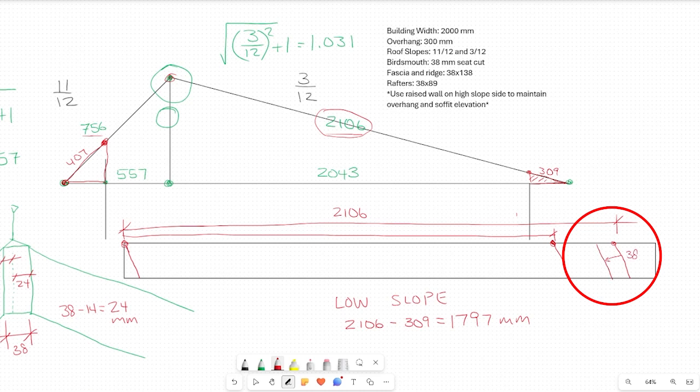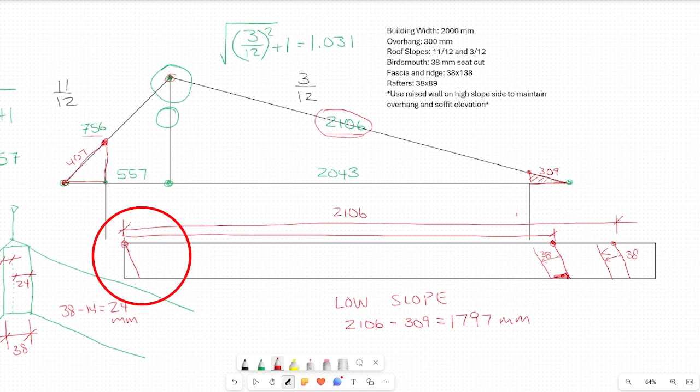Draw a line, and this is all at 3/12, and this will be a cut line. And then in this location here by the bird's mouth, I can measure over 38, which was the seat cut. Draw a line down, and then extend this where it touches the edge. I'll remove that material there. That will be my bird's mouth. And then over here at the top, I can do my shortening for my ridge, which as calculated earlier will be 24. Draw a line at 3/12, and this will be my cut line up here.